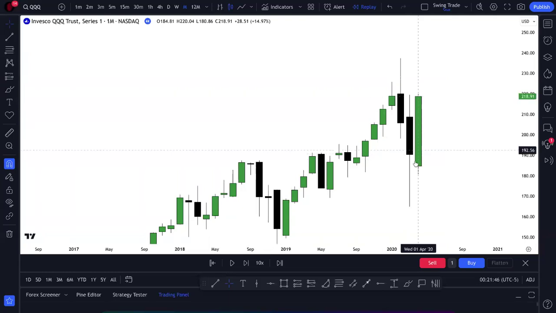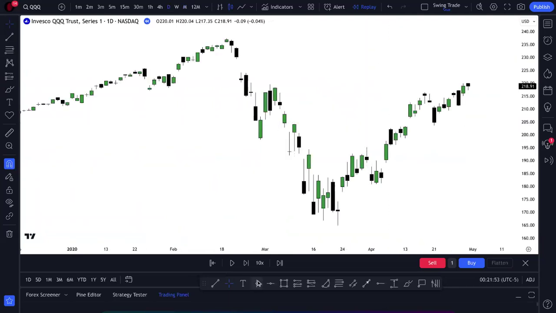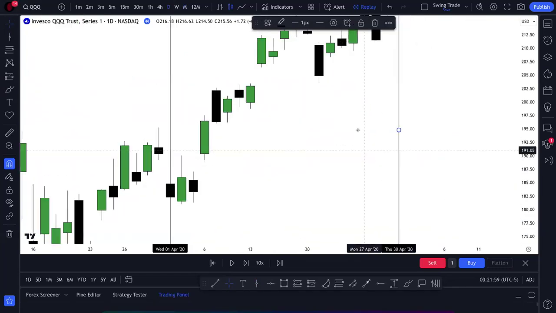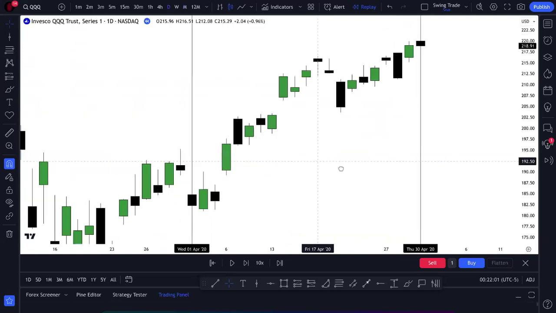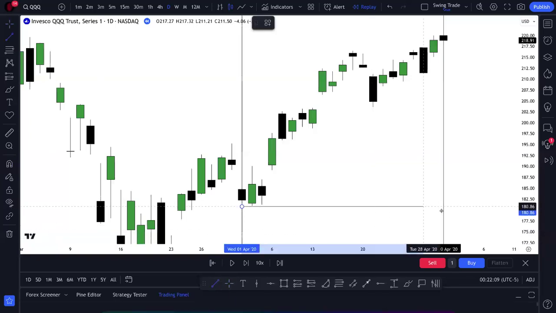So we can see here, daily, April, the end of April, and gappy, of course. I'm not looking at the ETF. But here we go. Swing low, right here, below the open.